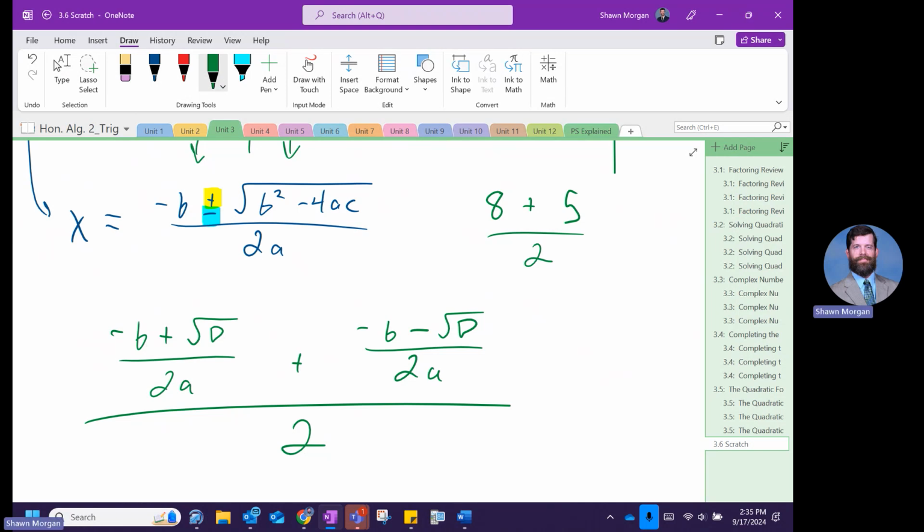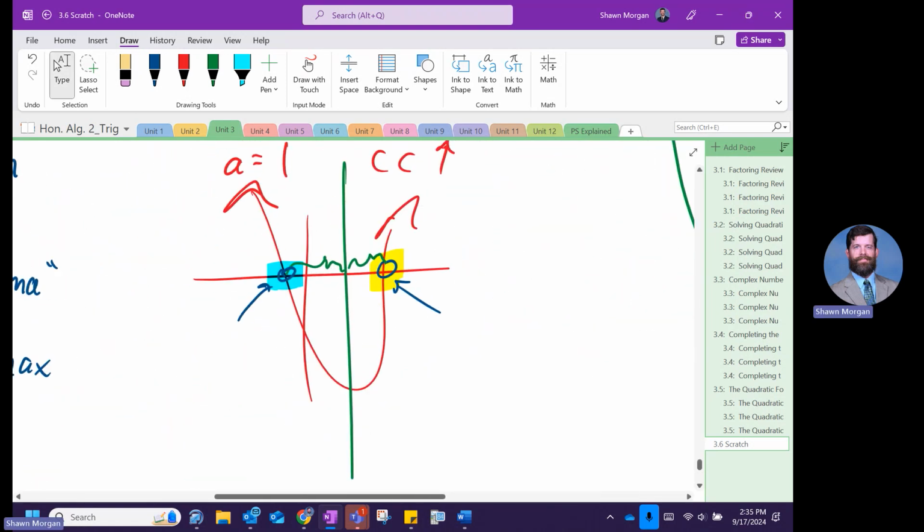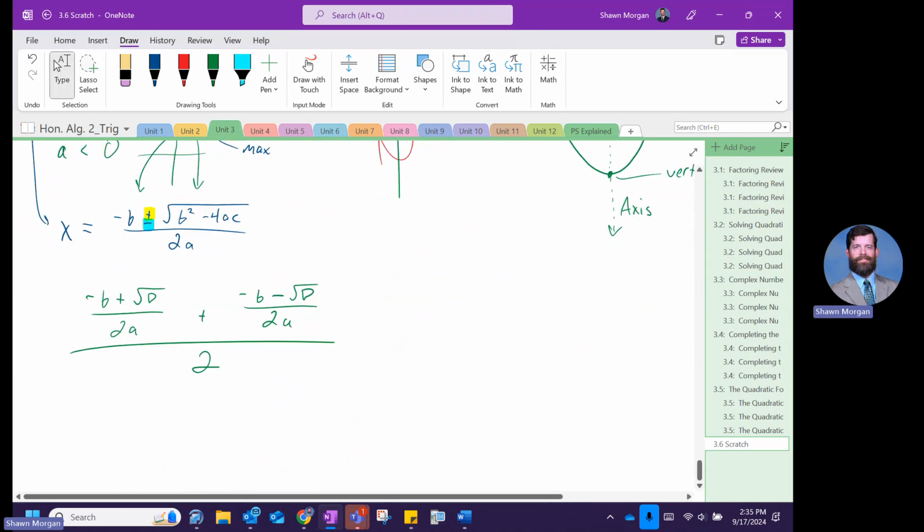You'd add them up, divide by 2. So Nick's suggestion is beautiful because you are splitting the difference between the two roots. To find the x-coordinate of that vertex, to find the axis of symmetry, you split the difference between the two roots. In other words, you add them up, divide by 2.